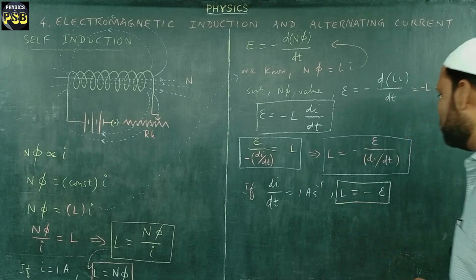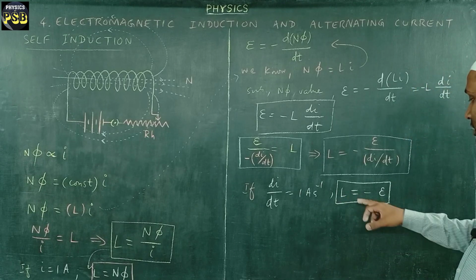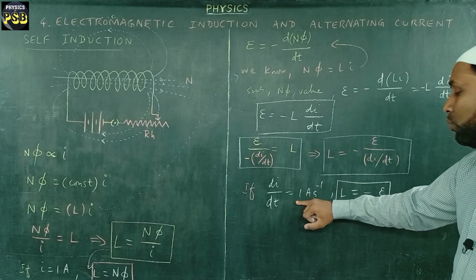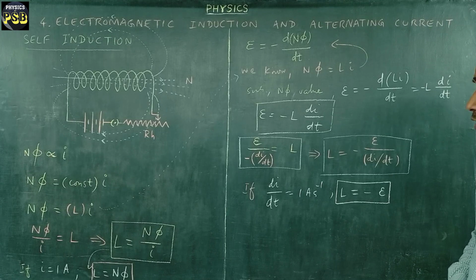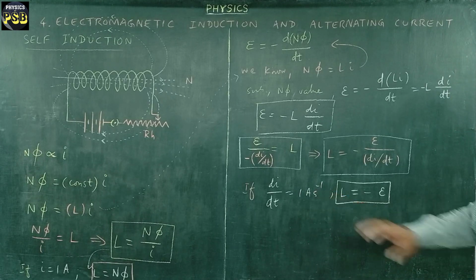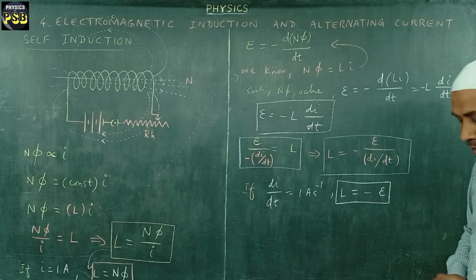So this clearly shows that the self-inductance of a coil is equal to the opposing EMF when the rate of change of current in the coil is equal to 1 ampere per second. Got it? So these are two different definitions of self-induction.